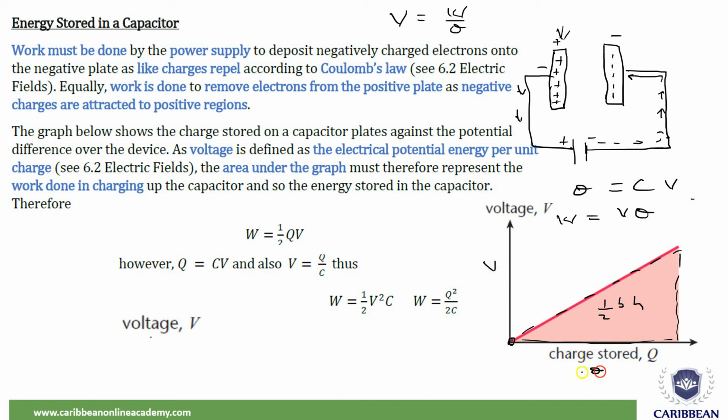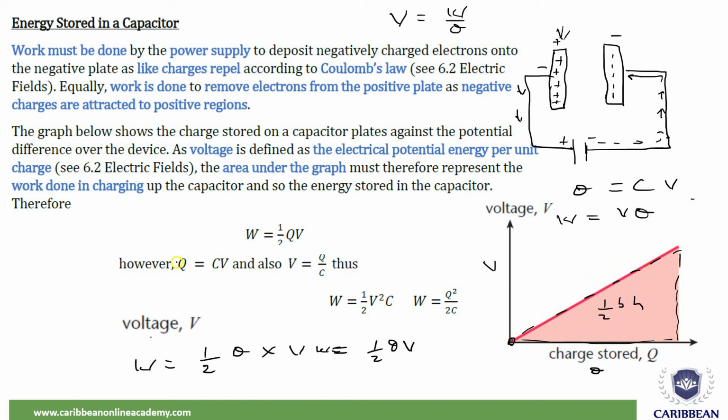My base is my Q. So it tells us that the work that is done to charge a capacitor is equal to half the base, which is Q, times the height, which is V. So this equation here, half Q times V, tells us the work that is required to charge the capacitor. So you have to use the area underneath the graph to find the work that is done.